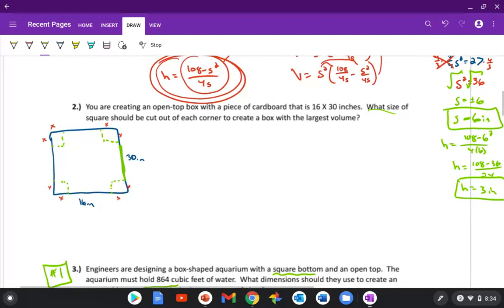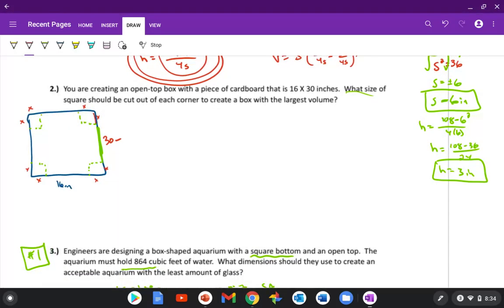So instead of calling that 30 inches, I'm going to call this 30 minus, now I cut out a length of x here, and I cut out a length of x here. So I'm going to call that 30 minus 2x. And then on this side down here, I'm going to do the same. So that's going to be 16 minus 2x, because I'm cutting out a length of x from each of these. So what I'm left with in here is 16 minus 2 times whatever that x is.